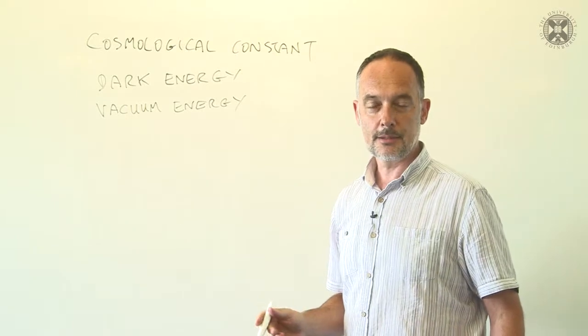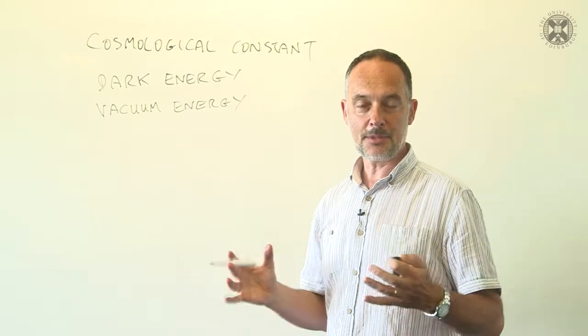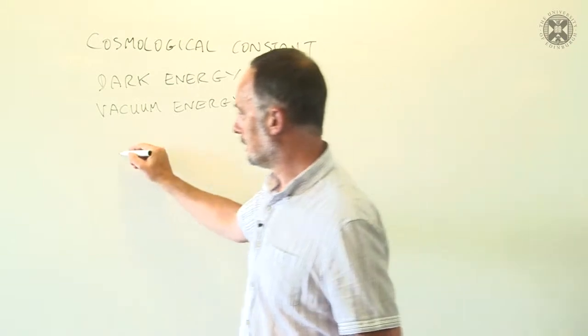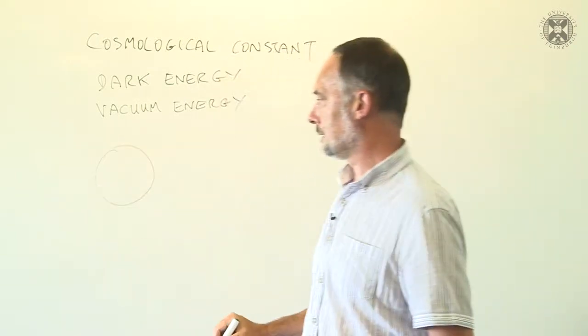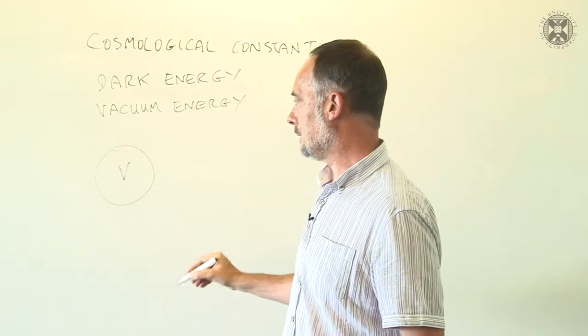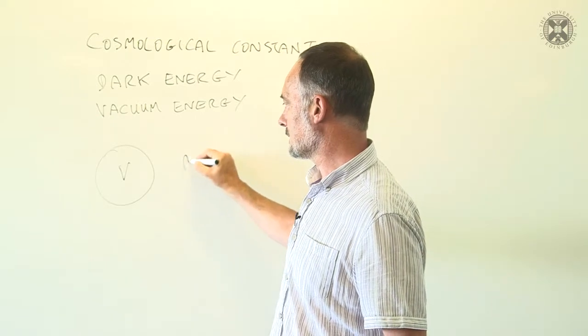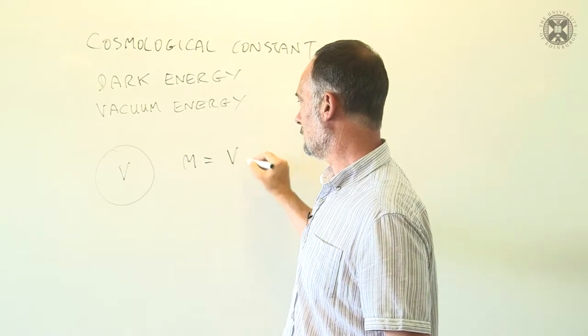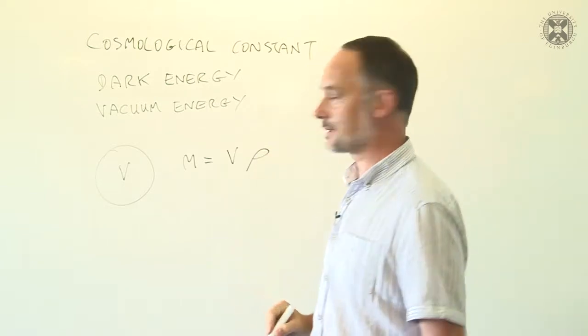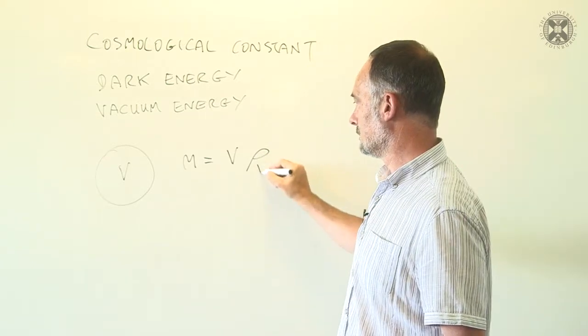What this means is that you give empty space itself some weight. A sphere of absolutely nothing, a volume V, contains a mass, which is the volume times a density of the vacuum.